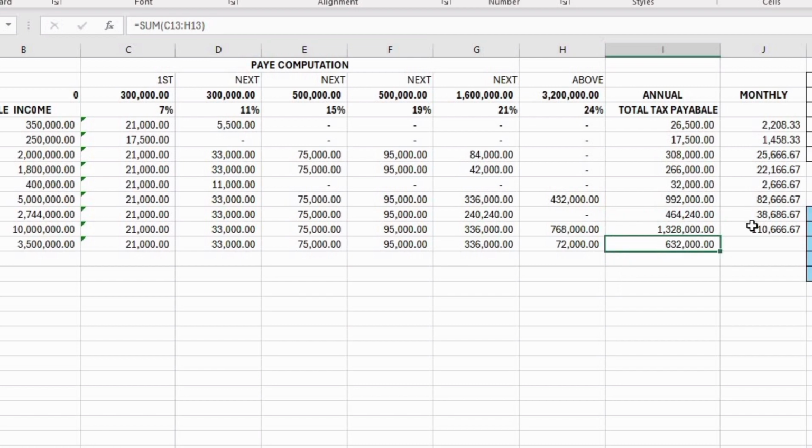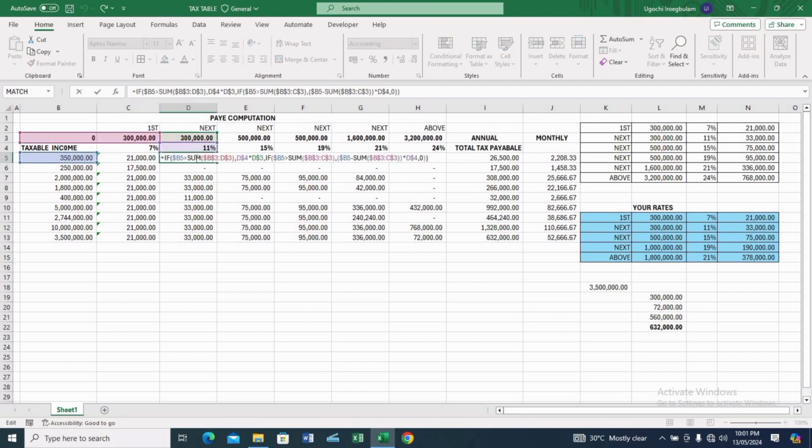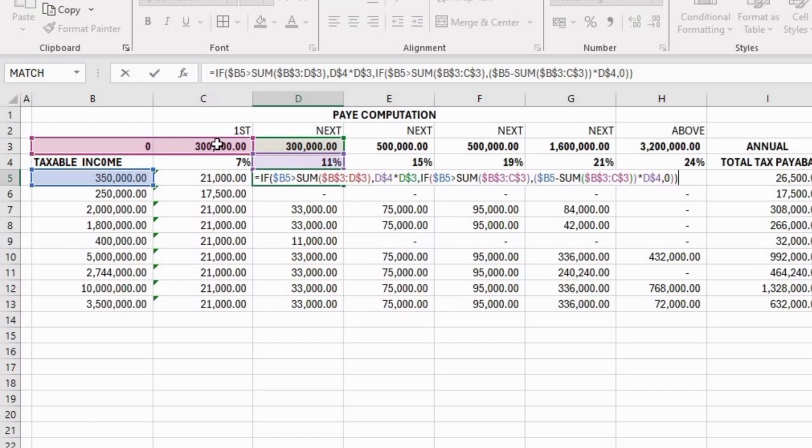Yes, we are correct. Now let's look at the formula under the 11% rate to interpret what we did for better understanding. The first leg of the formula says if the taxable income is greater than the cumulative total of 600,000, then apply 11% on 300,000.